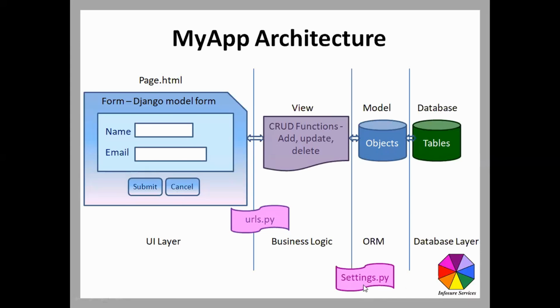The other two files that are part of Django are settings.py, which has information like connecting to the database. Inside the settings it tells the database you're connecting to, whether Postgres, SQLite or any other database. You can find that in settings.